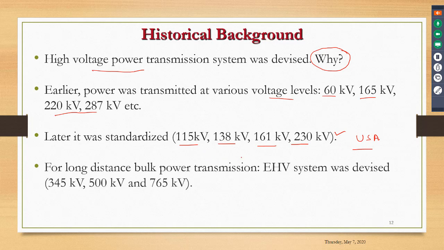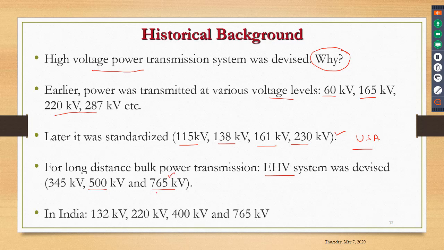So for long distance bulk power transmission, the EHV system was revised and the standardized voltages were 345 kV, 500 kV and 765 kV. It is also in the US, but we are also adopting this 765 kV in India. In India, the standard voltages we adopt are 132 kV, 220 kV, 400 kV and 765 kV.